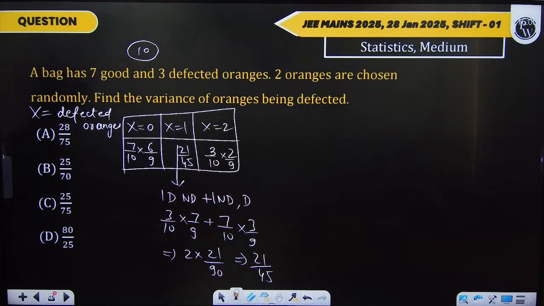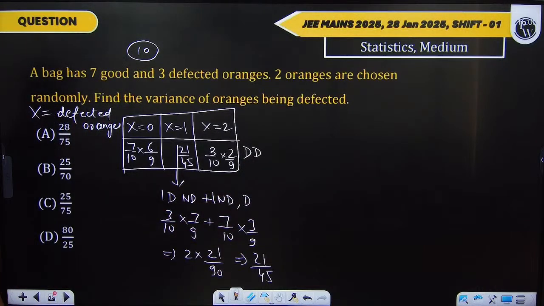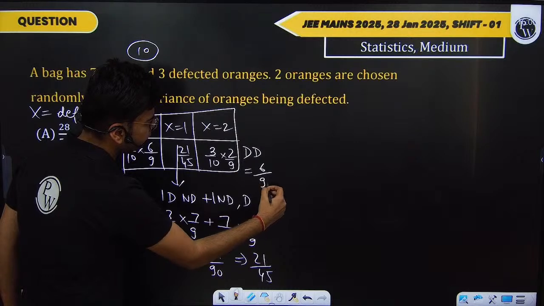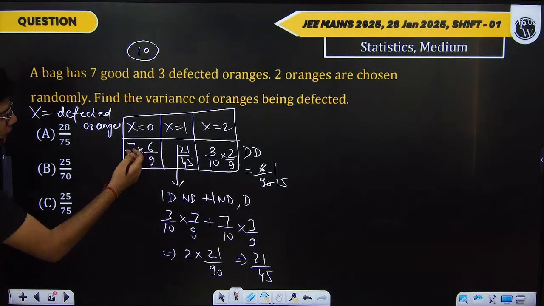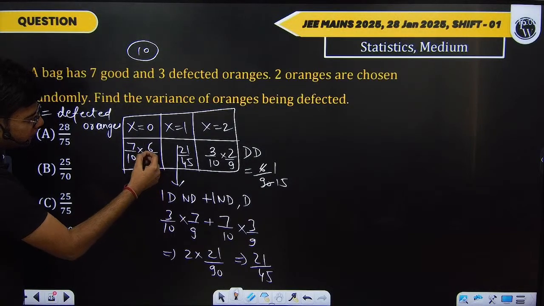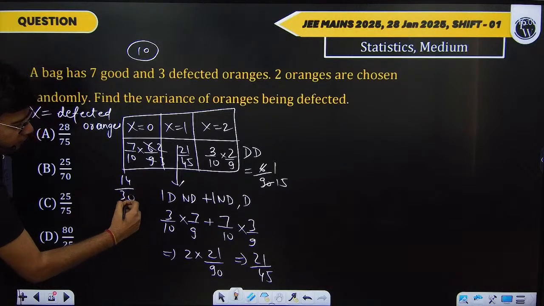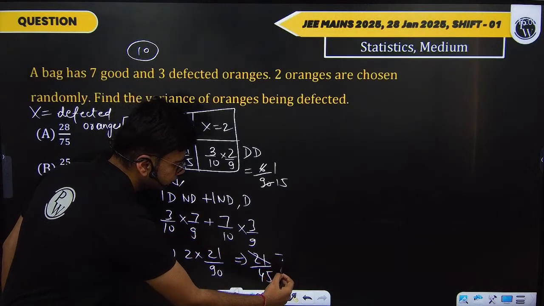Both of them are defective, so defective, defective, DD. In this case you will get 6 by 90, 1 by 15. Simplify this also, so you are getting 14 by 30, and if I simplify this, this will become 7 by 15.